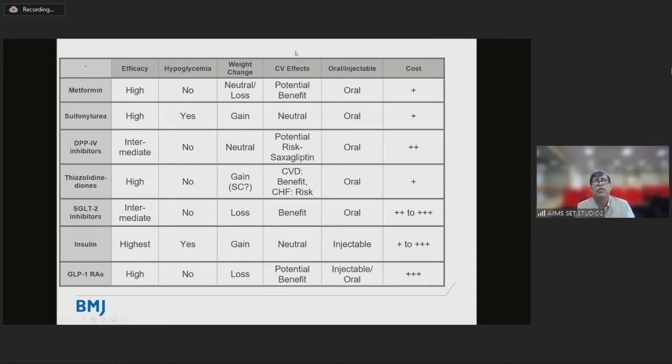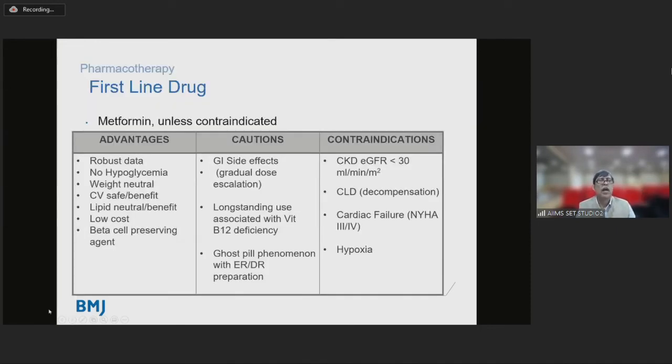CV benefits have been demonstrated with metformin in the UKPDS, and in a whole bunch of CV outcome studies, except SAXA, which actually showed a higher hospitalization with congestive heart failure. TZDs, of course, the concern has been congestive heart failure, and the rest are either neutral or potential benefit. And the rest, the oral route and cost, I took care of before that. So again, you need to get a sense of this while taking a decision.